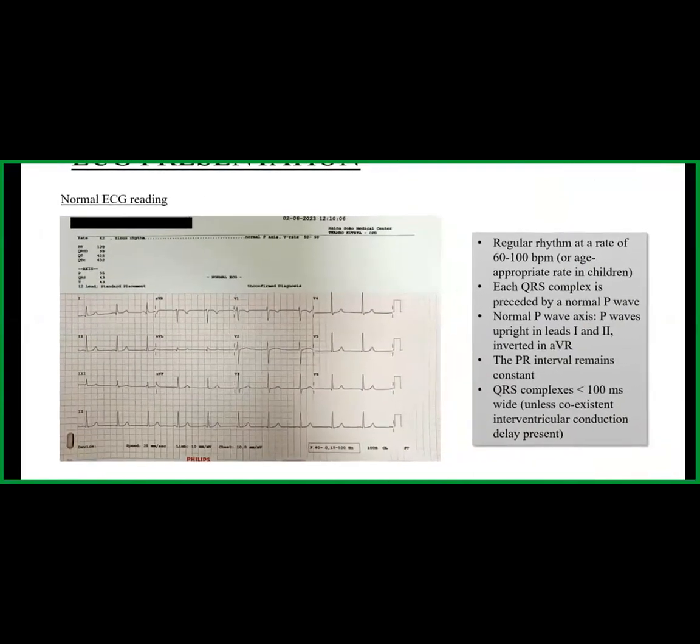Another thing that we will see in normal ECGs is that the PR interval, which is the interval from the beginning of the P wave to the end of the QRS complex, is constant. So this interval is constant in normal ECGs.